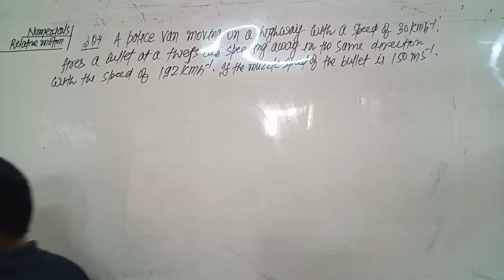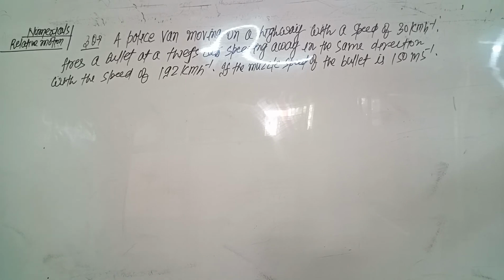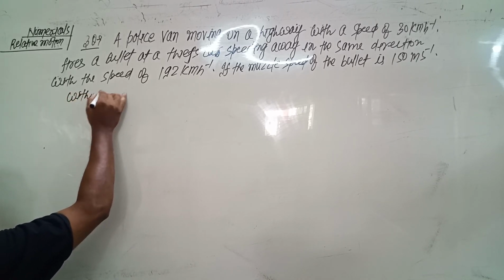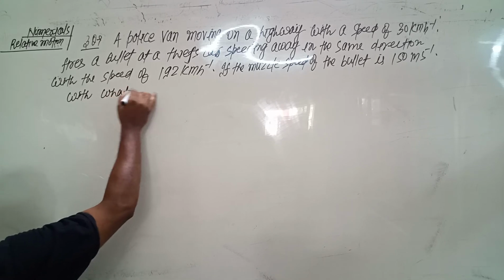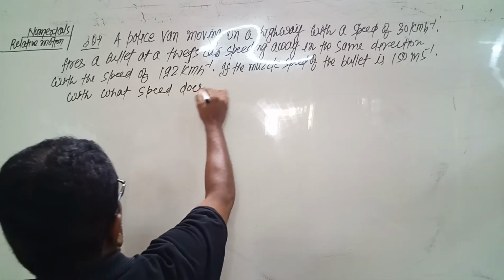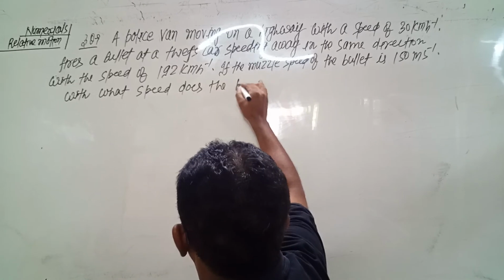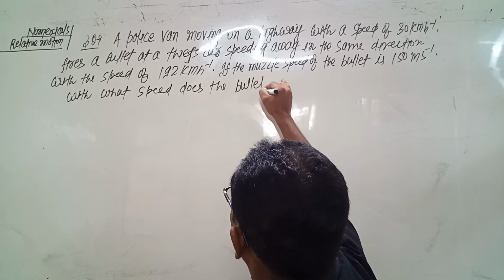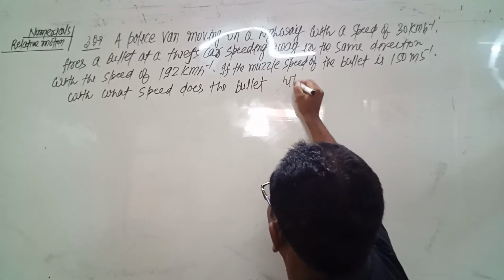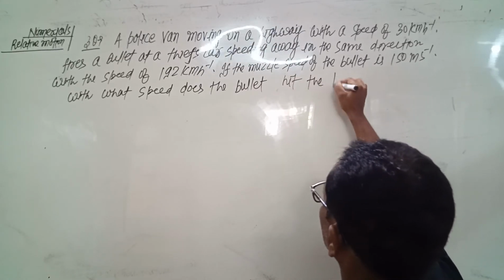Muzzle speed of the bullet is 150 meter per second. So with what speed does the bullet hit the thief's car?